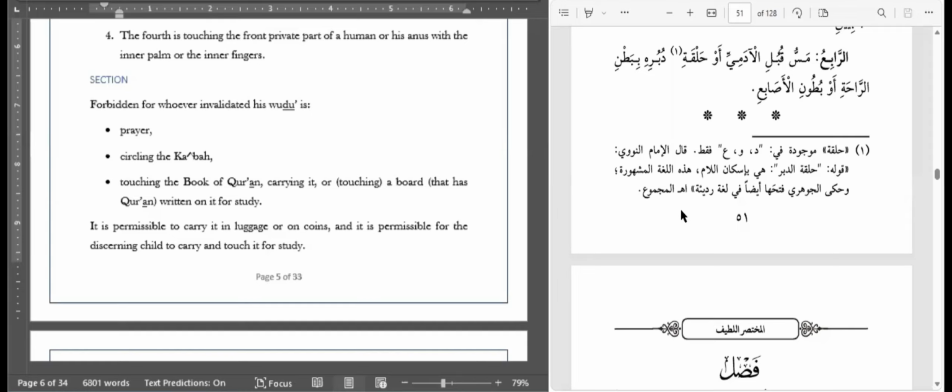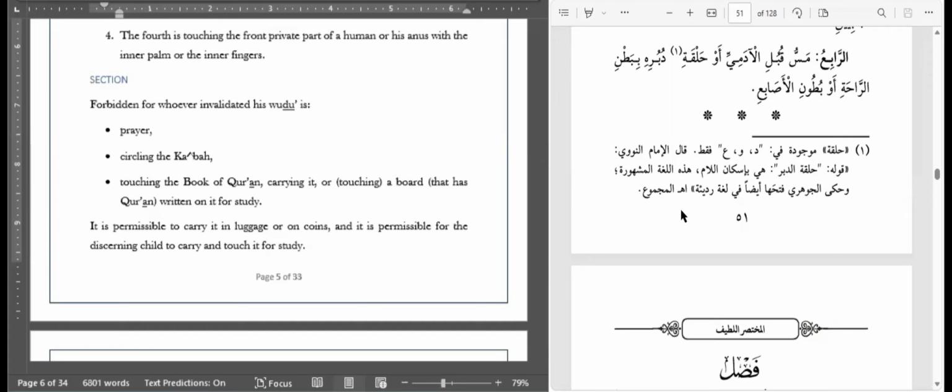And when it comes to the female front, what will break the wudu is touching where the two inner vaginal lips come together. I think that's called the minor labia or something like that. This breaks the wudu, not the outer labia. That doesn't break the wudu.